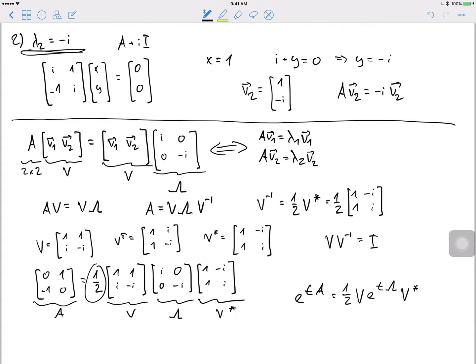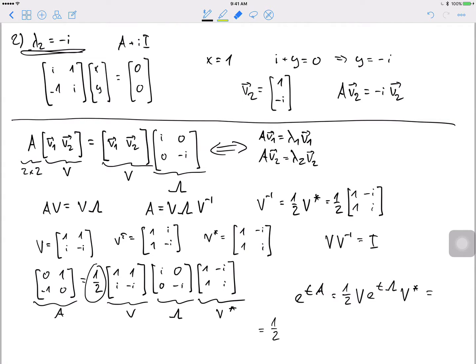Okay? So let's now compute what that is going to be. The first thing I can do, I can just leave these terms there. So you know what, let me just do it all together.